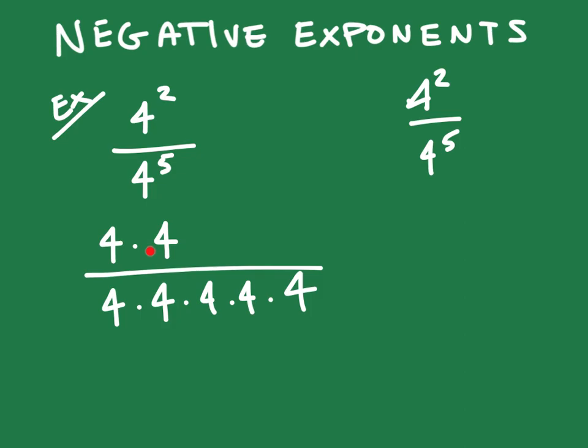And we can divide these 4s from our numerator to our denominator. 4 divided by 4 divides out to 1 over 1. 4 divided by 4 divides out to 1 over 1. You are then left with 1 over 4 to the 3rd power. Okay? So you know that you're left with 3 4s in your denominator. That's how you get 1 over 4 cubed.